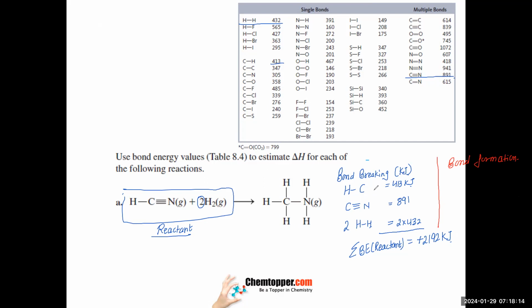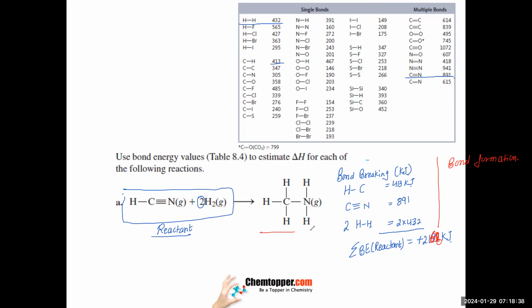Make the Lewis dot structure, show them that you are breaking these bonds the way I'm writing. Okay, 2168. Everybody is saying 2168, so I'm changing this number. Just addition. 2168. Now let's work on bond formation.